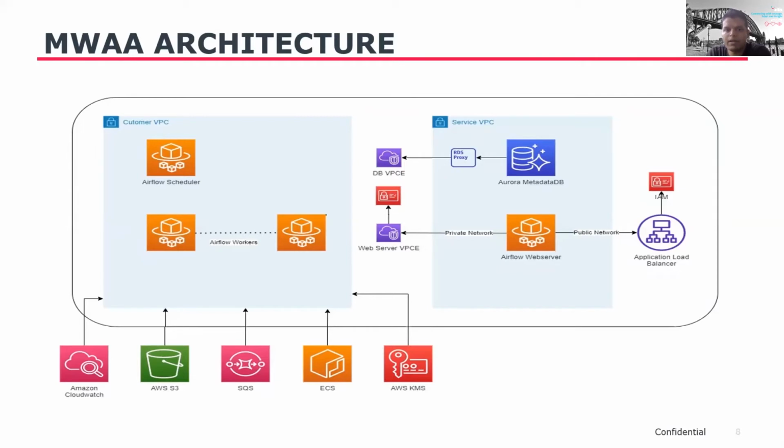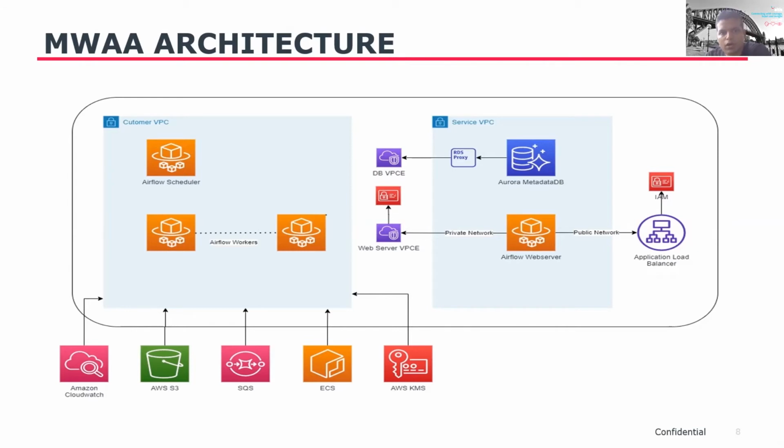The environment class that you choose for your Amazon MWAA environment determines the size of your Fargate containers, where the Celery executor and the web servers are going to run, as well as the metadata database, where the scheduler creates the task instances.